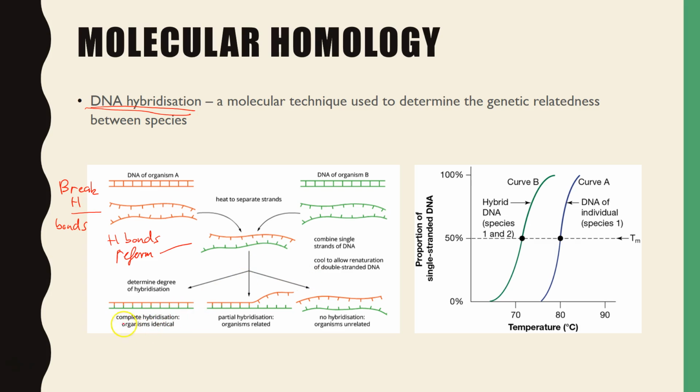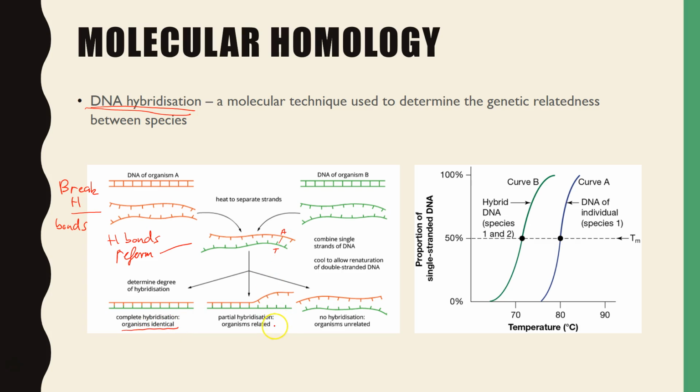If there is complete hybridization, so every single hydrogen bond forms between each of those strands, we can say that those species are identical or related because they'll share similar nucleotides which will bond to each other. So for example, if this nucleotide here was A and this one was T, they'd form a hydrogen bond together, and if every one of these was complementary, that would create a complete hybridization or an identical organism.